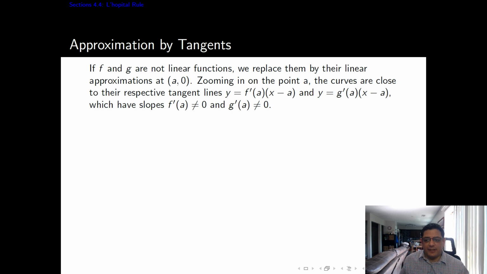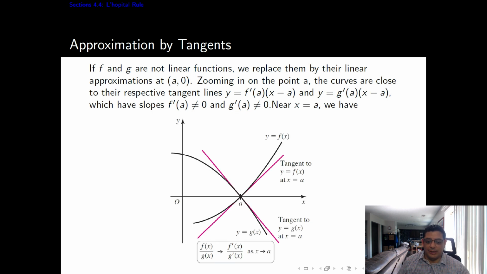If f and g are not linear functions, then we replace them by the linear approximation at a. If you remember, when we are at a point, we can use the tangent line to approximate the function. So we can approximate the value of a function with its tangent line. Let's say f and g are two functions that both go to 0 at the same place.